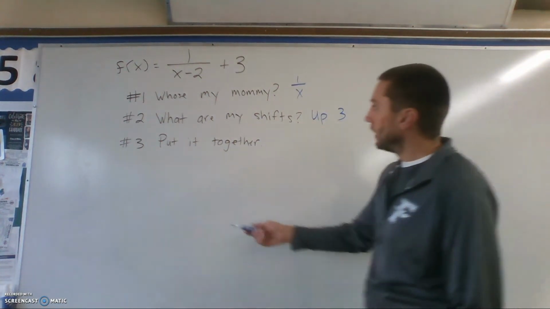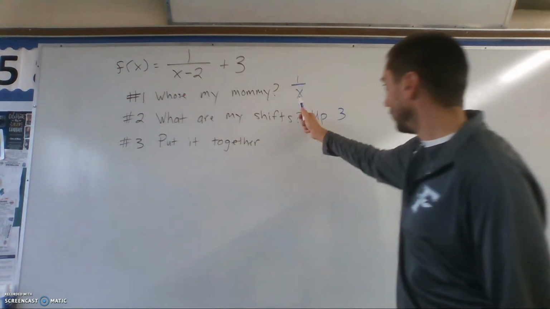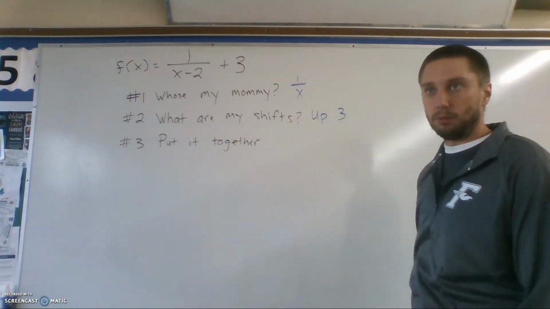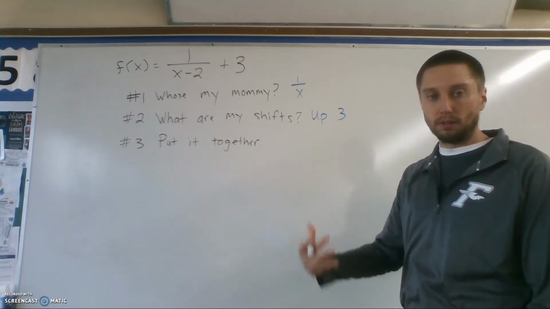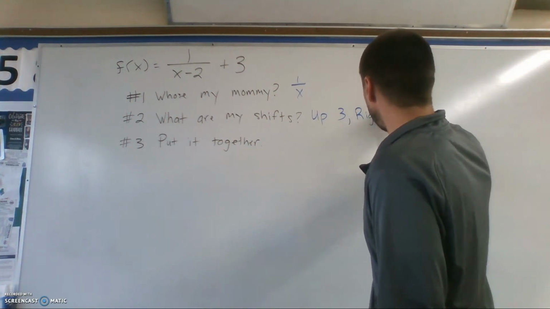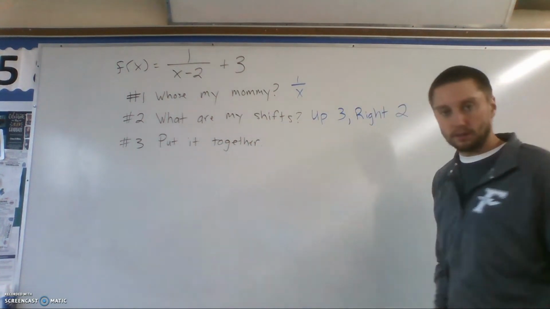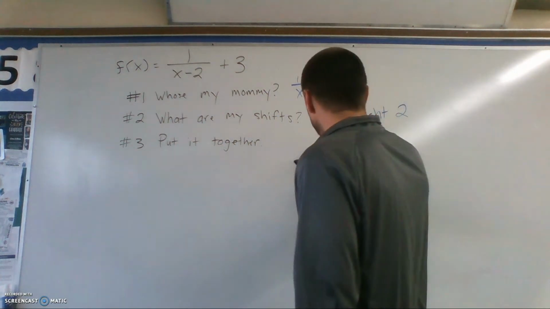So that's a vertical shift up 3. And then I see a minus 2, and it's right next to the input value. It'd be right next to this x, which means that's a horizontal change. Okay, so I subtracted 2 from the input, which means I'm actually going to go right 2 units.